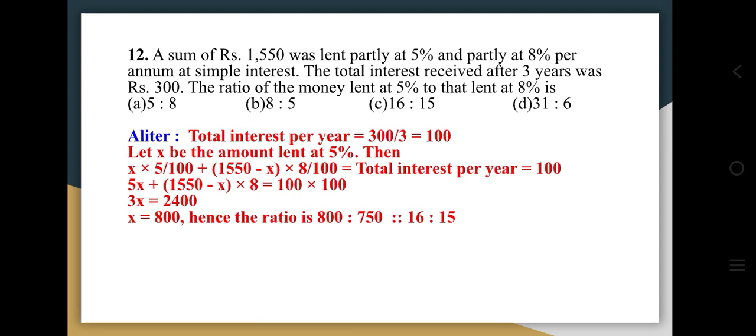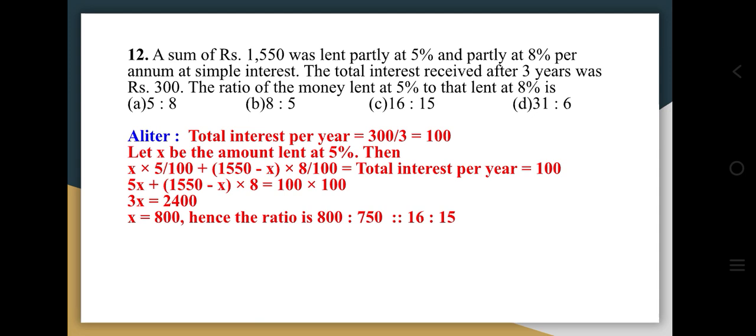That is equal to the total interest, which is 100 per year. If we cross multiply the equation by 100 and solve it, we get 3x is 2400 and hence x is 800. So the ratio is 800 is to 750, which is 16 is to 15.